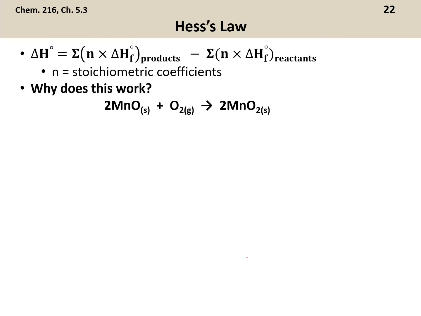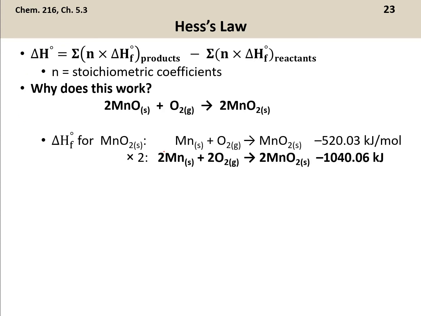All right, so why does this work? Well, this isn't as important, but I would like to show that I'm not just making it up, right? The Easter Bunny didn't deliver it. This actually is based on Hess's law. Why?